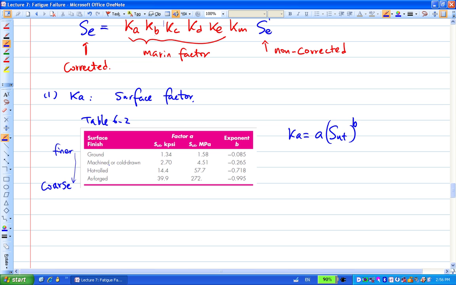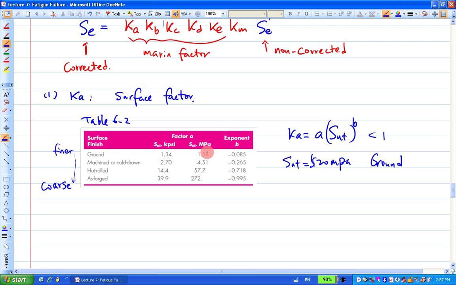The current parts are not as good as the lab specimen, so Ka is going to be less than 1. If your calculation is greater than 1, you should stop there and recalculate. So how do I calculate this Ka? Making use of the table, let's say my Sut is given as 520 megapascals, and the part is ground.